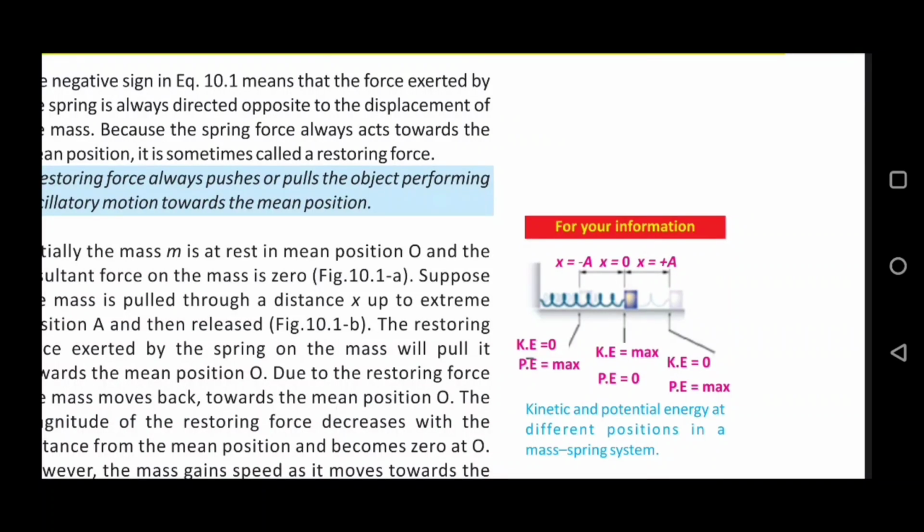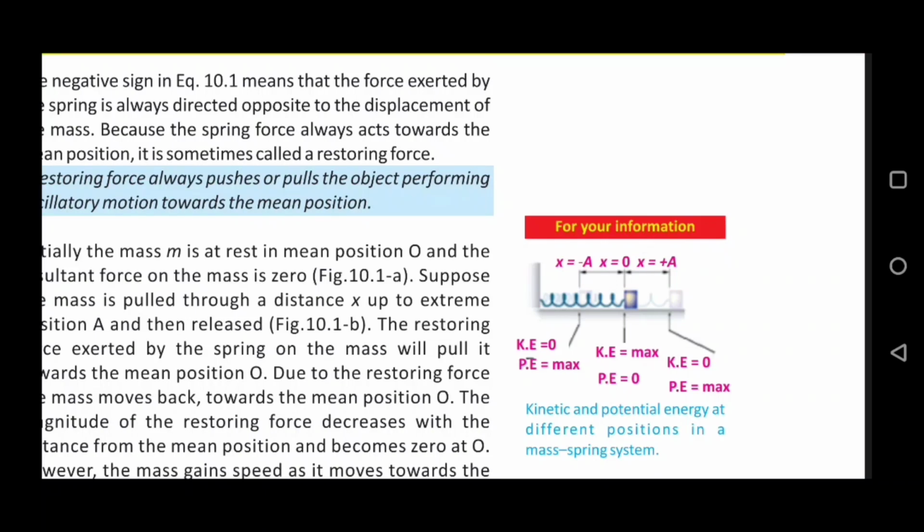Kinetic energy is half mv squared. Zero speed means kinetic energy 0, and potential energy here is maximum. Potential energy is due to the maximum displacement, because we know the definition of potential energy, that it is related to position. Some position means some displacement; maximum displacement means it has maximum value.